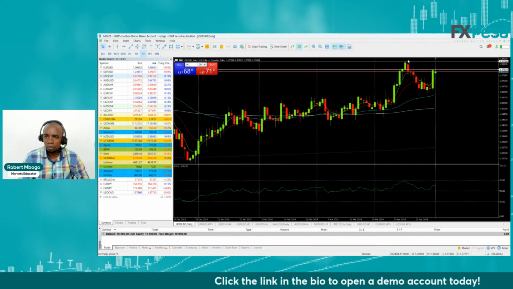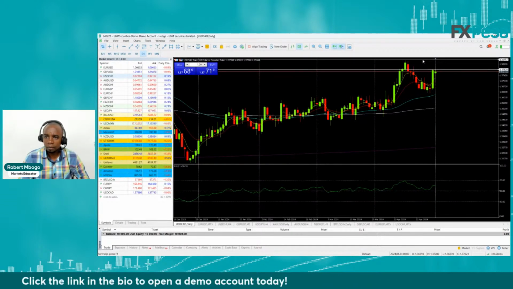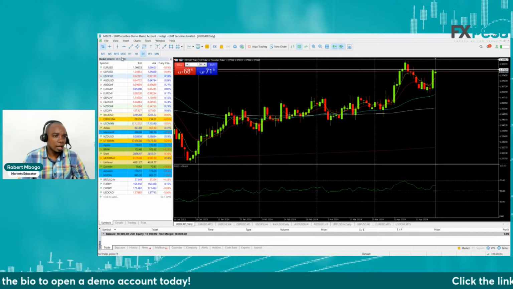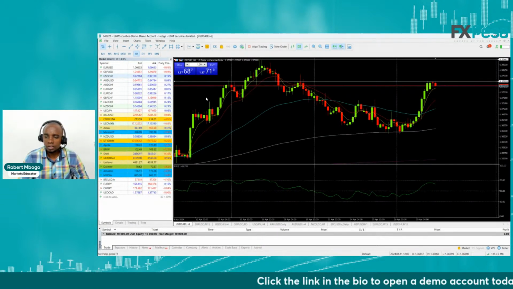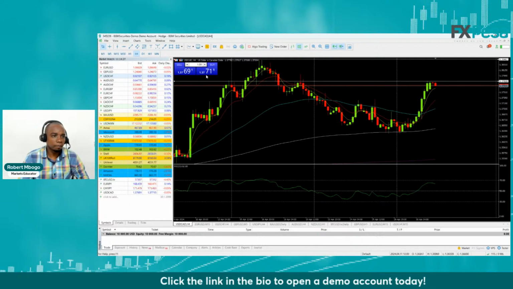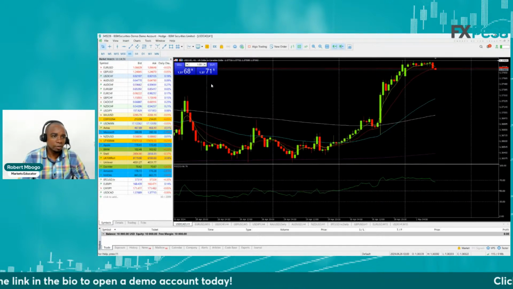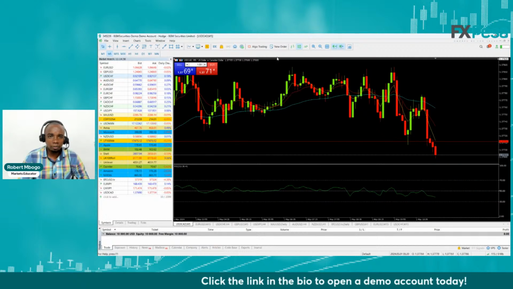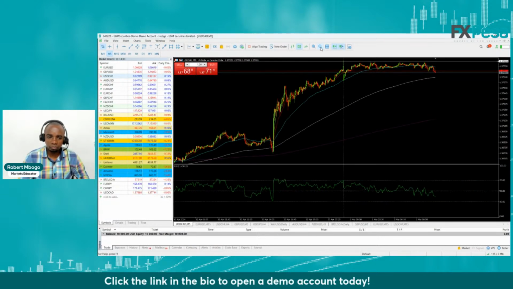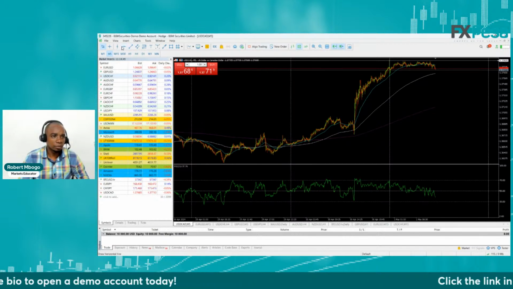So the market still speaks of a bullish move. So maybe I would want to map out last month's high. That's a high that we probably would be interested in seeing. So there's a possibility that we could see USD CAD rise, but first, before the bullish run, maybe we could see some bears coming in. So I would really be interested to see how price reacts to maybe this drop.